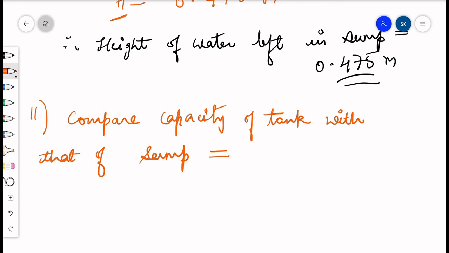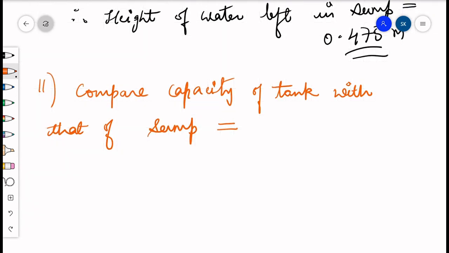Now children, a common mistake here is, it is given compare the capacity of the tank with the sump. That means the volume of the tank will be in the numerator and the volume of the sump will be in the denominator. If you solve it vice versa, then you are not going to get marks. It will be incorrect.